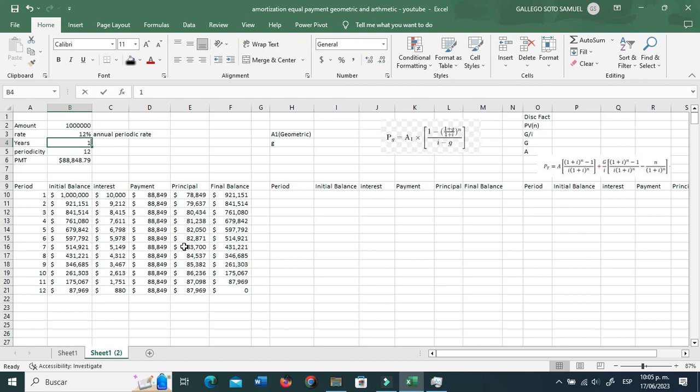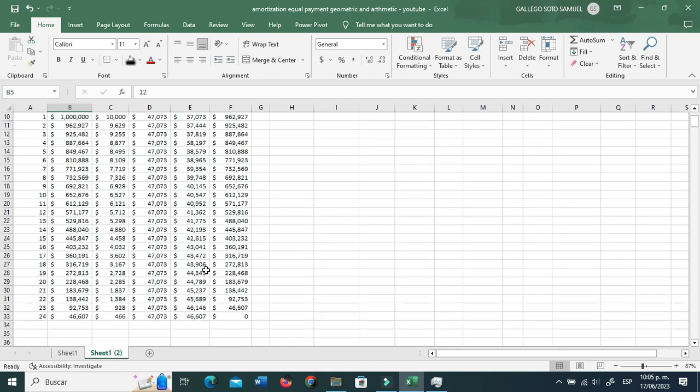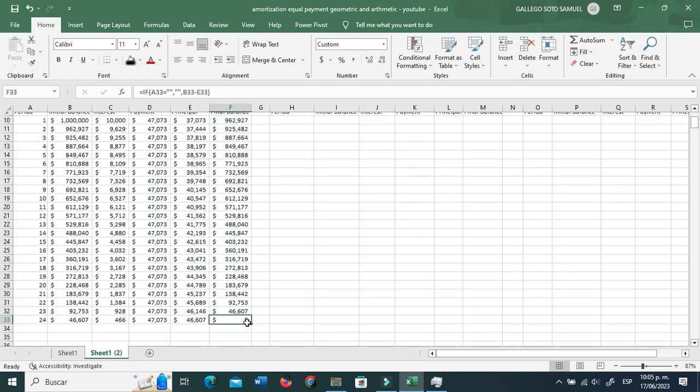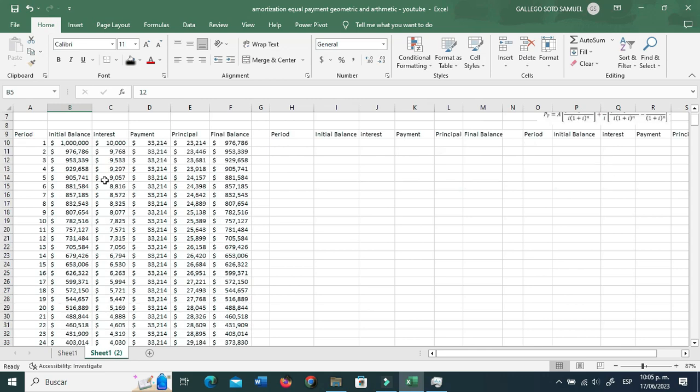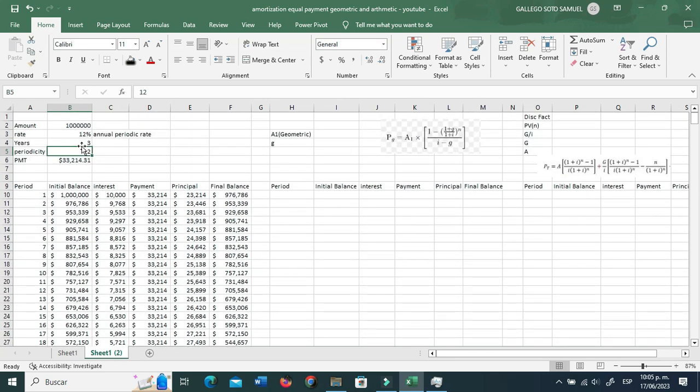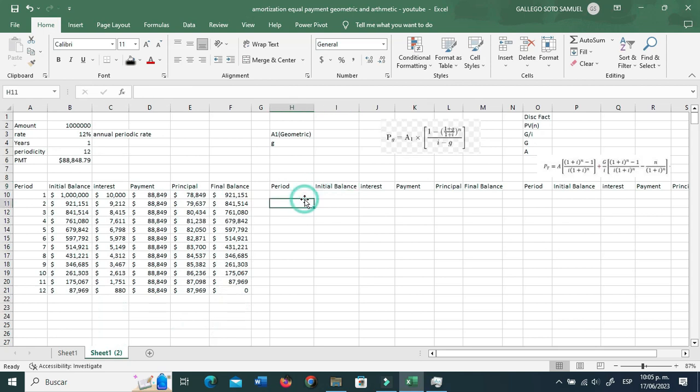And if you change that to 2 years, well, you know it's correct, because it ends up in 0. So the final value is 0 if you take 3 years, and so on and so forth, right? So let's leave it just for 1 year, so we can see what we're going to be doing next now here.